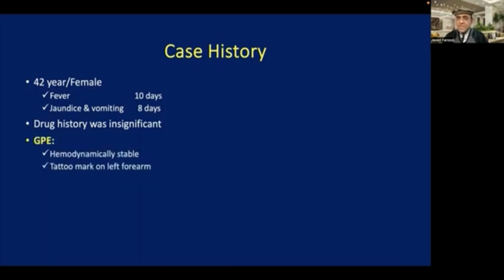On general physical examination, she was hemodynamically stable, and there was a tattoo mark on her left forearm. On systemic examination, she was jaundiced, and she was having tender hepatomegaly.